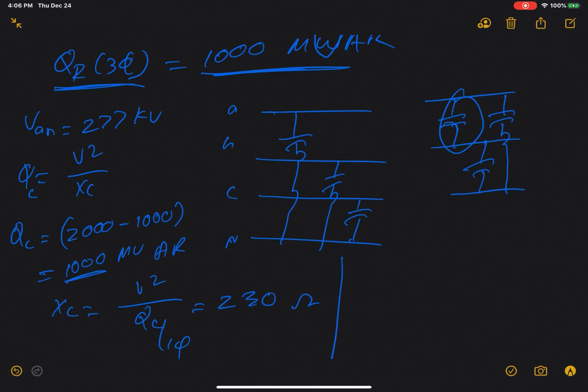Then I also know that XC is 1 over omega C, and from there I can find the C. That C goes from line to neutral. If I put the capacitor line to line, then I have to use the voltage of 480, not 277. That's the only thing that changes if I do line to line.